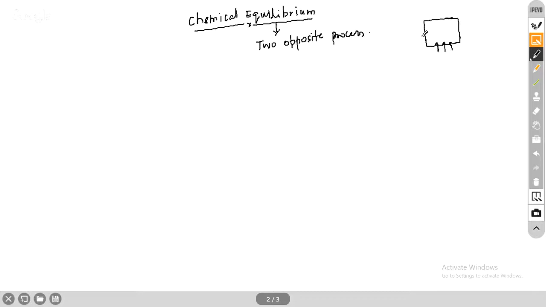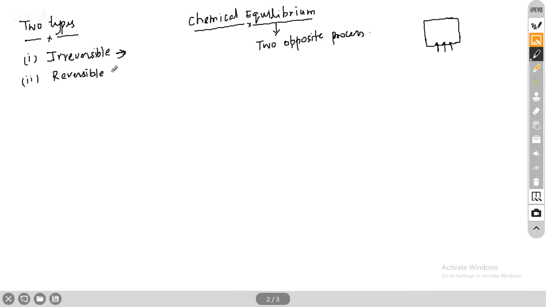Now, when we talk about the direction in which the reaction may proceed, there are basically two types of reaction. There are various other classifications of reactions, but we are talking only in terms of direction. One is irreversible reaction, and the second is reversible reaction. An irreversible reaction always goes in one direction, from left to right, reactant to product.